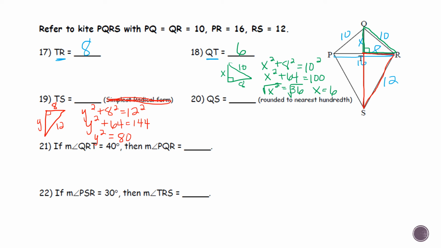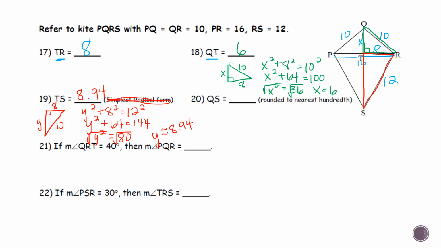Let's just do the nearest hundredth, so 2 decimal places, so square root of both sides. When I type in the square root of 80 into my calculator, we should get back 8.94. So y is approximately 8.94, which means TS is approximately 8.94.